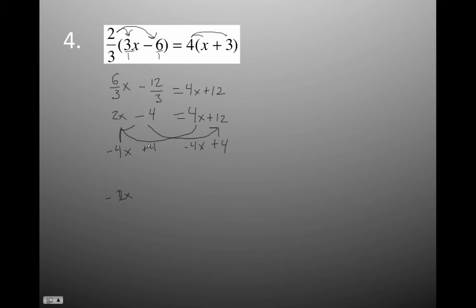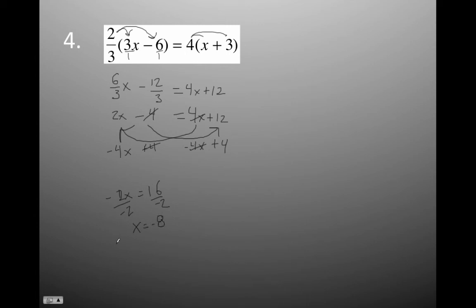Negative 4 and positive 4 cancel. 4x and negative 4x cancel. And 12 and 4 make 16. We've got negative 2x equals 16. Let's divide by negative 2 on each side. So x is going to equal negative 8.